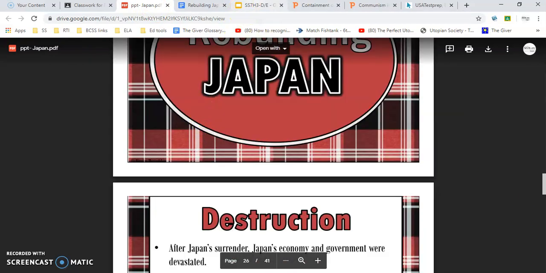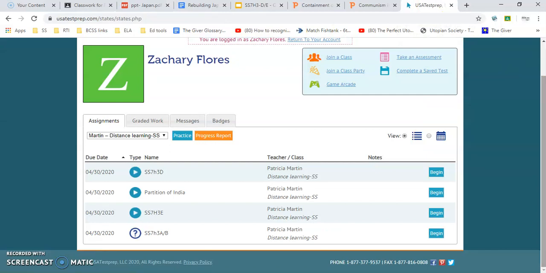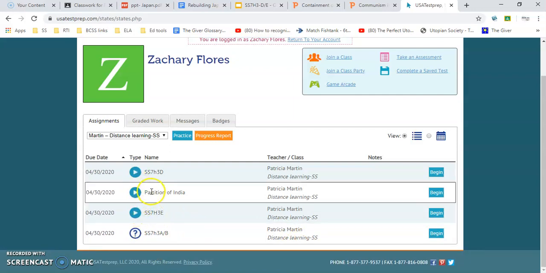The next thing that we have for you is the USA Test Preps. So if you look right here, you did this assignment, the SS7, H3A and B, last week. You did the partition of India last week.